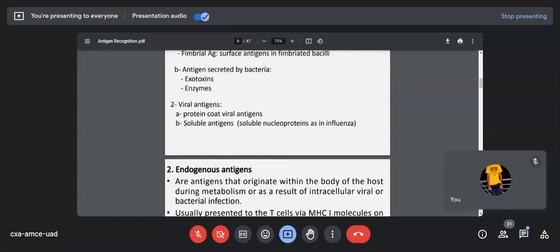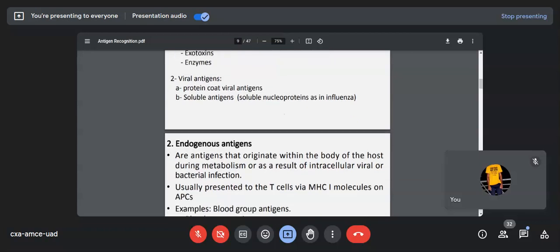Then the second thing that we would regard as an exogenous antigen is viral antigens. From the word viral, I'm sure you notice that we're basically just talking about viruses, isn't it? Viruses also have two things, either what they produce or what is on their structure, that make them cause antigenicity or immunogenicity.